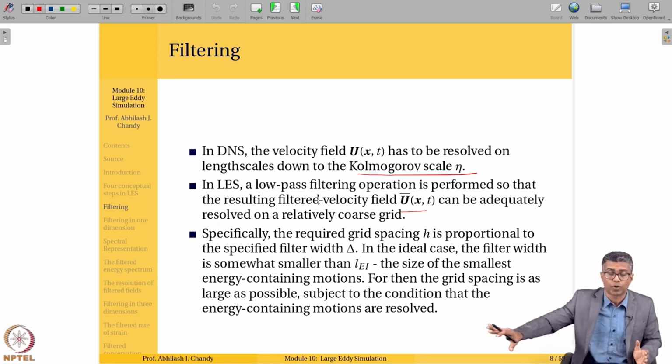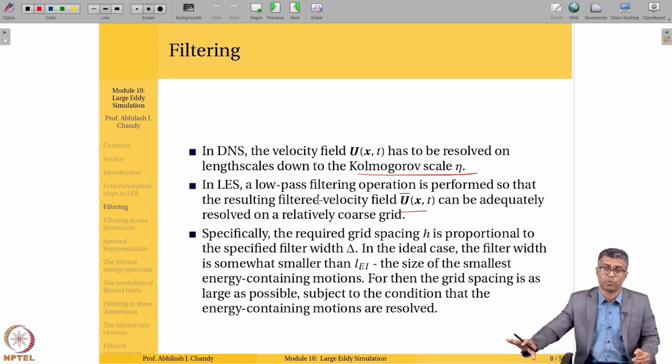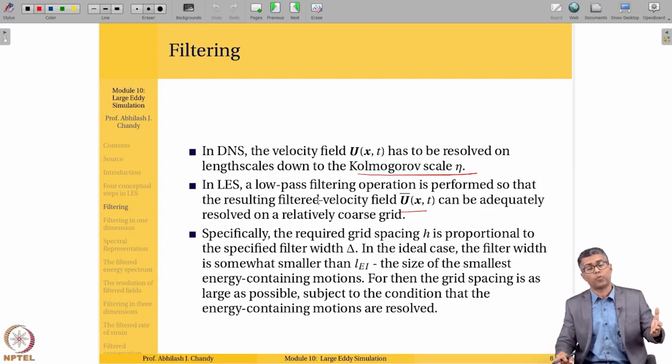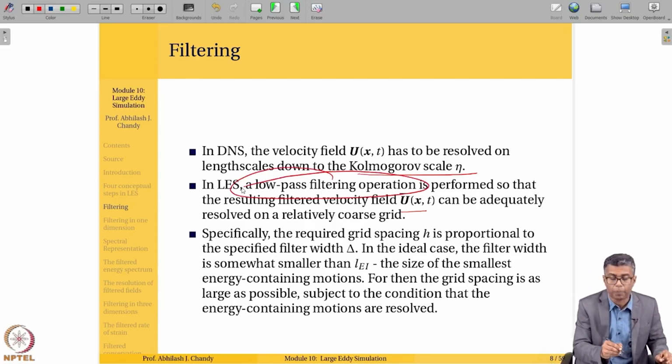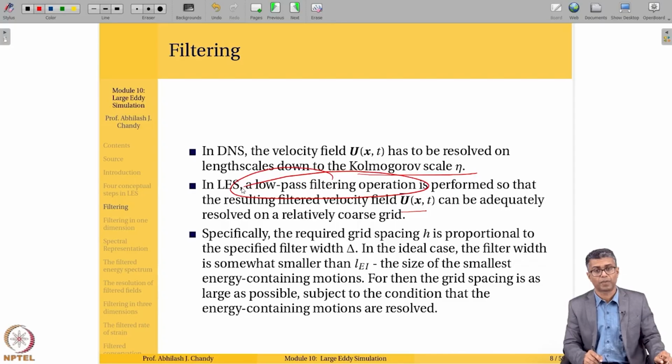We are filtering out all the high frequencies or the small scales, whereas we are letting through the large scales or the low frequencies. That is what we mean by a low-pass filtering operation. Now, how is this low-pass filtering operation achieved? Essentially by using a coarse grid.